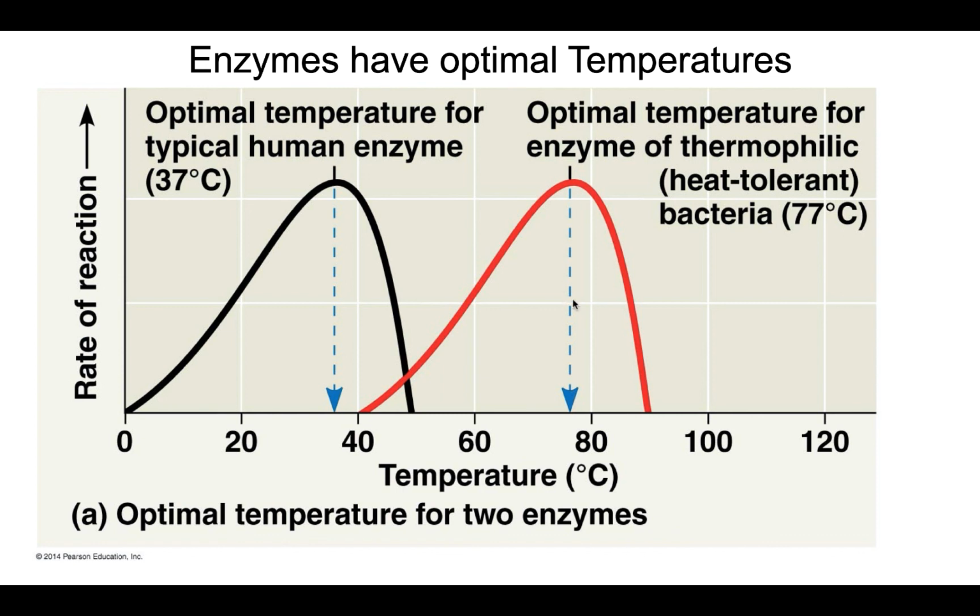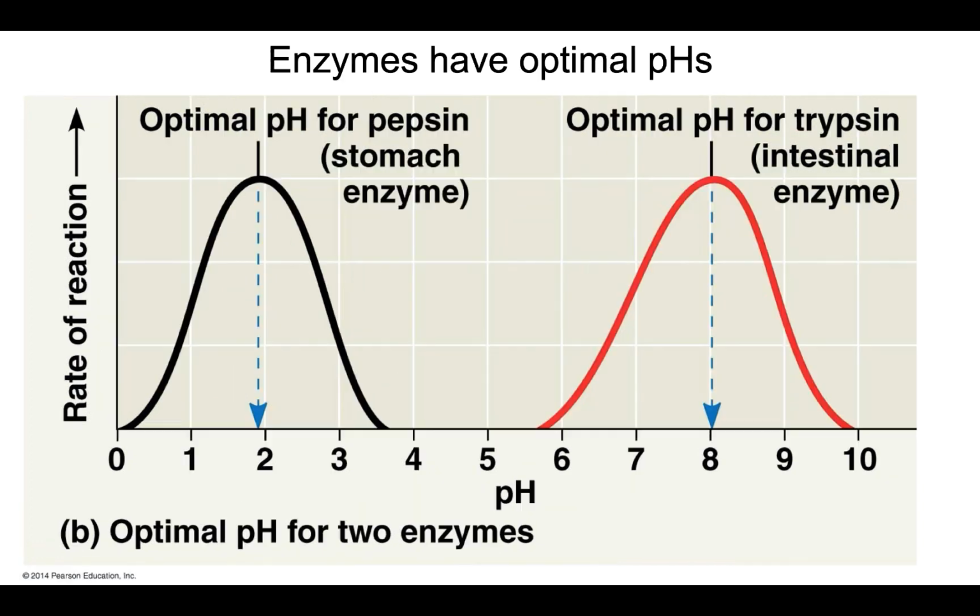It's no coincidence that that highest rate is right there at about 77 degrees Celsius, the temperature in which that enzyme evolved. Notice that if you stray away from these optimal temperatures for either enzyme, you're going to lose activity. Why? Because eventually those enzymes will denature. And when they denature, when they lose structure, they lose function.